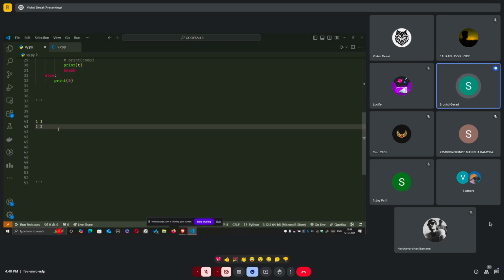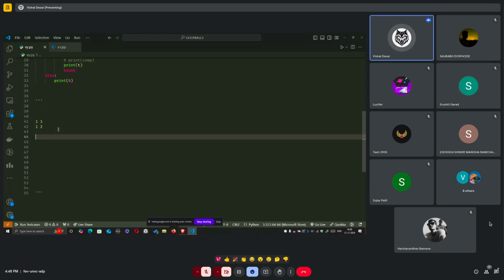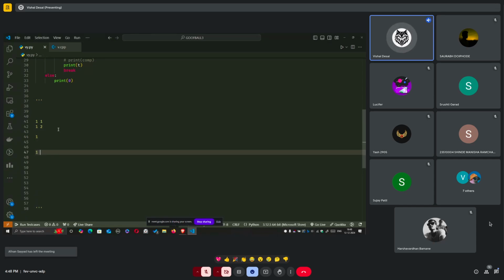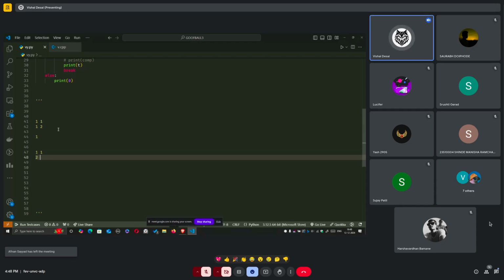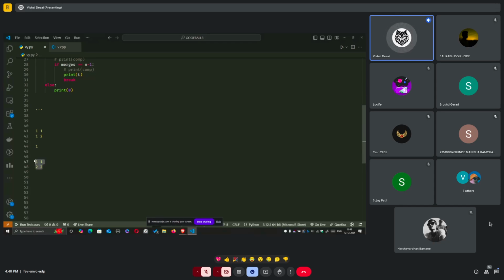The difference of x plus the difference of y. Yes, correct. So in this case, it will be 1. Now, what will be the distance between these 2 points? We can't take the diagonal distance. Consider that and then tell the answer.